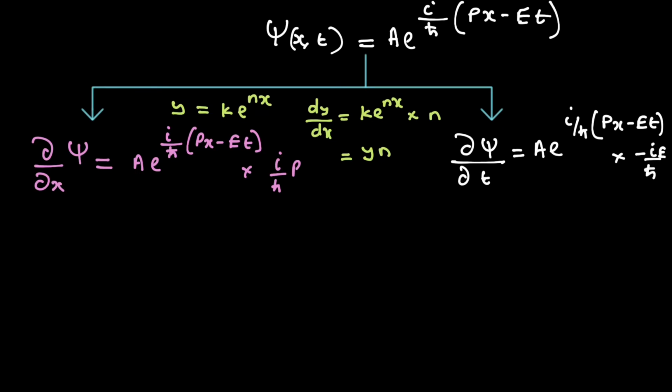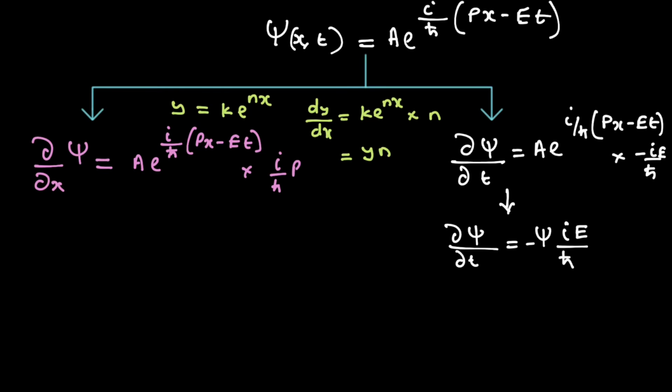So if we carry on with this one, we know what the function is here. That is the function which we started with, which is psi. So that's psi times that. So we will get the partial derivative of psi with respect to t equals psi times minus, because there's a minus there, i E over h bar.